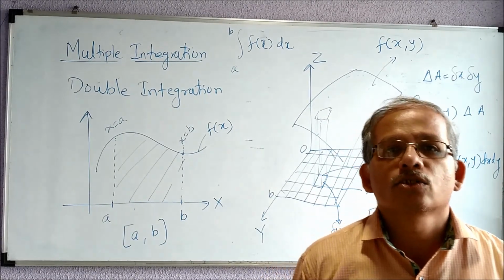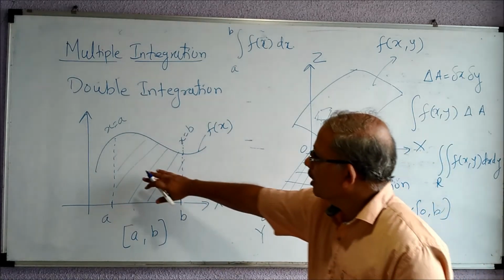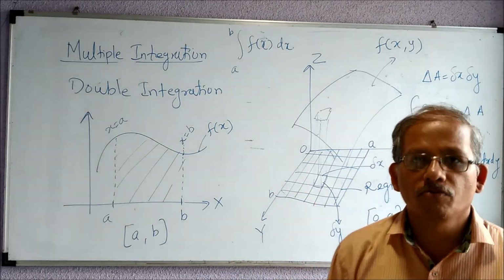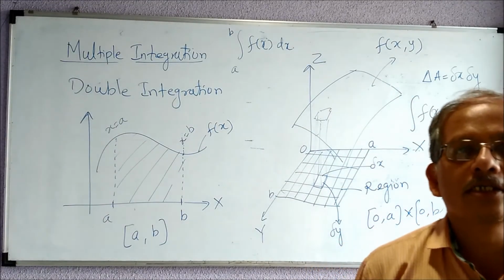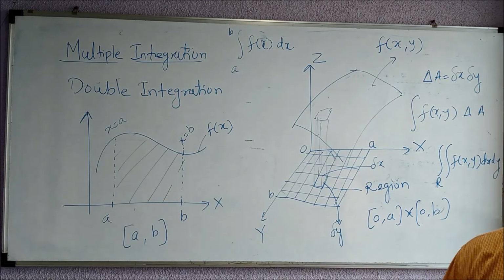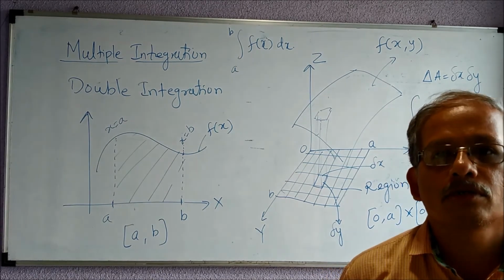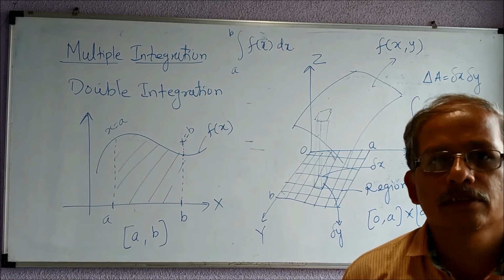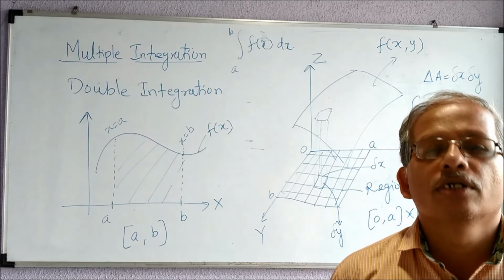Here you are getting the area, and here you are getting the volume. We will see illustrations of this and how to work out the examples in the next video.